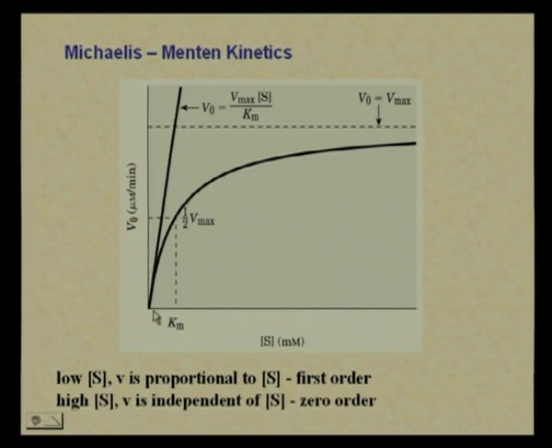As you increase the substrate concentration, because the enzyme has limited capability in taking in or forming an enzyme substrate complex, this will reach a limiting value, and this limiting value is dependent on the total enzyme concentration that is available to you, and this is V max, the maximum velocity available.